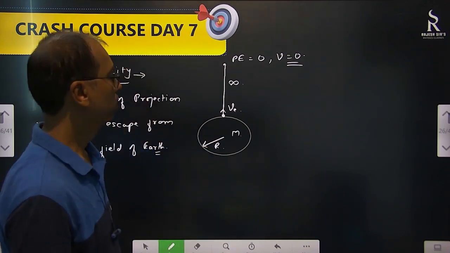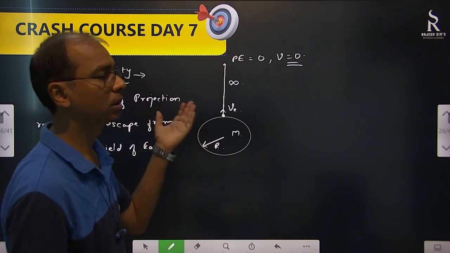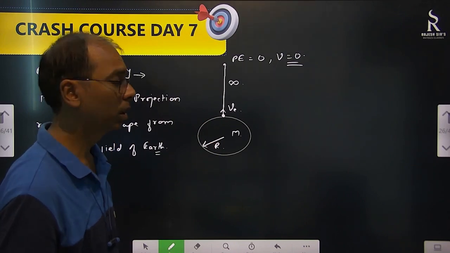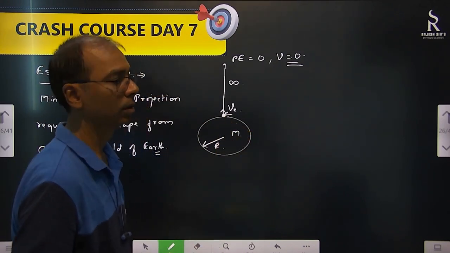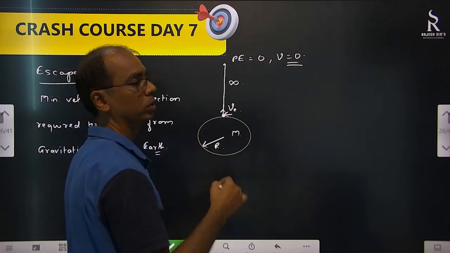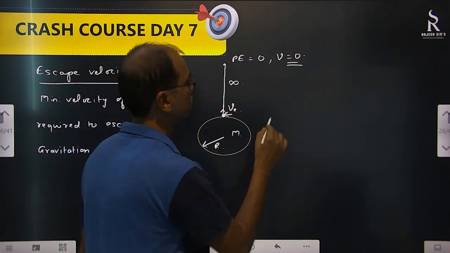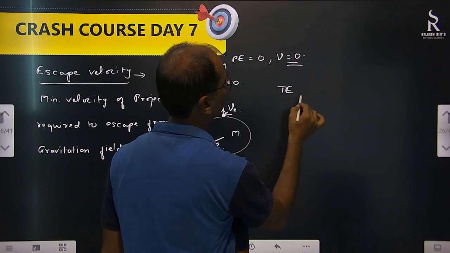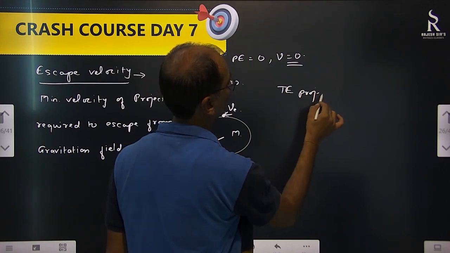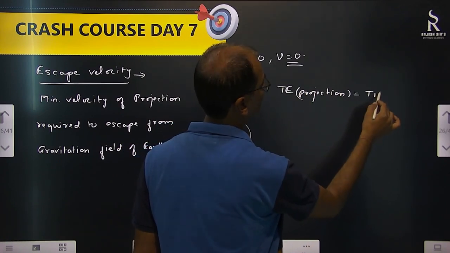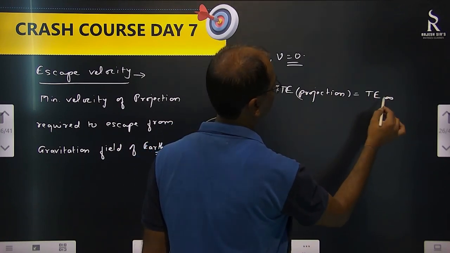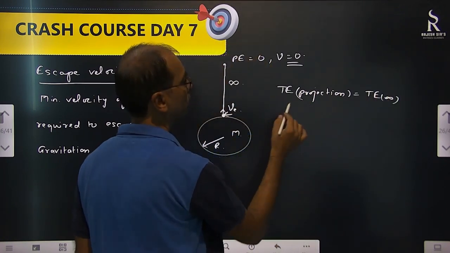Then what can you do? Conserve energy here and here. Conservation of energy will do. So at the projection point, what is the energy? Both potential and kinetic you have. At the final point, both have become 0. So total energy at projection should be equal to total energy at infinity. What is total energy at projection?